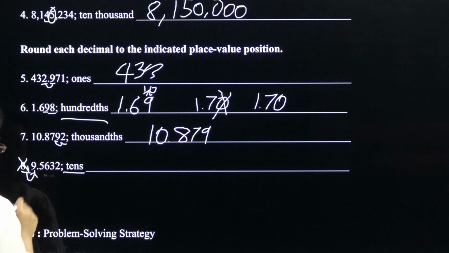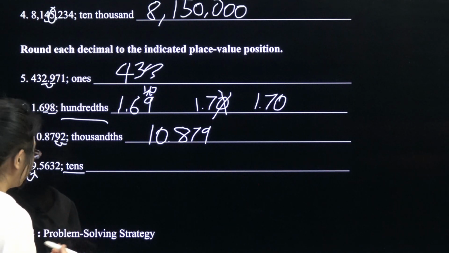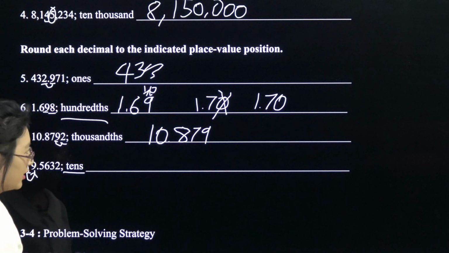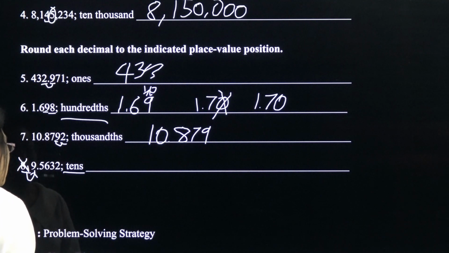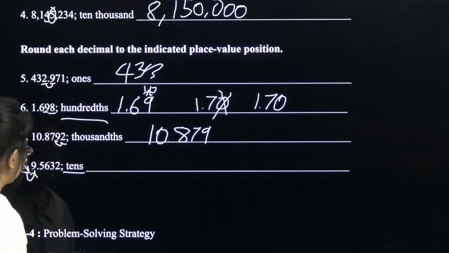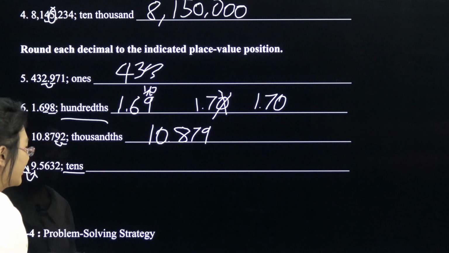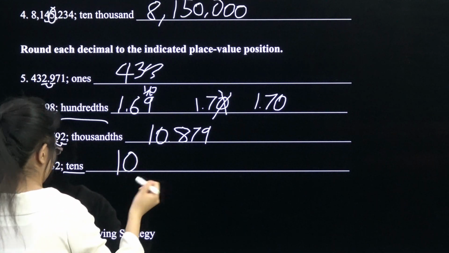So we move 1 digit to the right, and we have a 9. So 9 means that we have to round up. And round up, well, there's nothing in the tens, so it just goes to, well, 1.